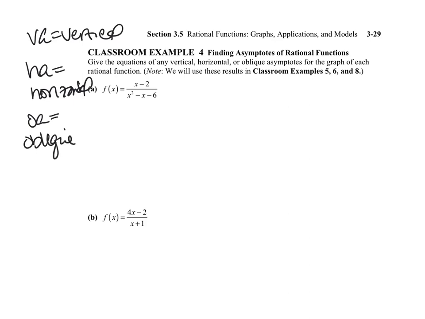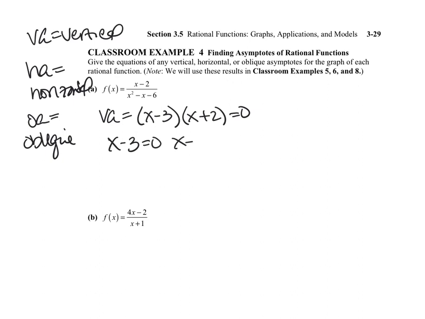Alright, so for this first one, to find the vertical asymptote, we have to factor this. So x squared minus x minus 6 is going to factor into x minus 3, x plus 2. Then we're going to set that equal to 0. So x minus 3 equals 0, x plus 2 equals 0.